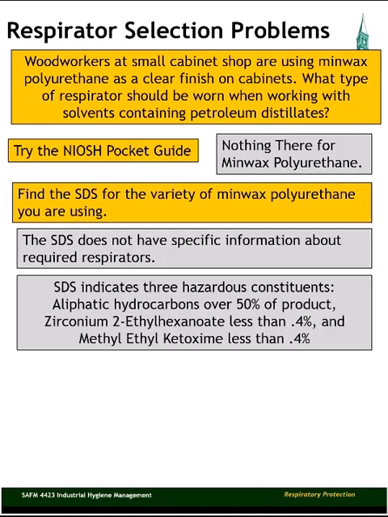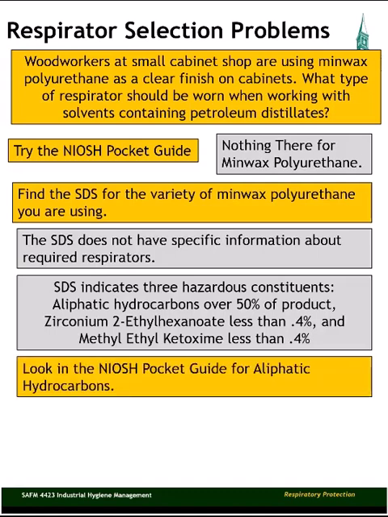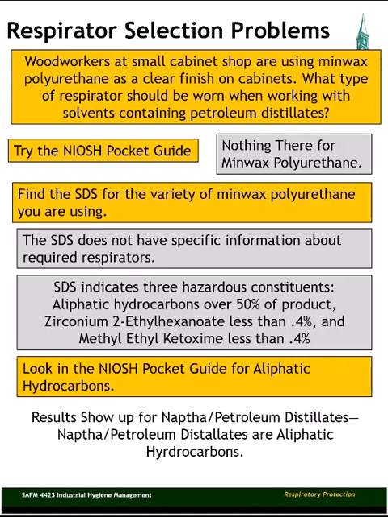So now we can go back to the pocket guide. First, let's look for aliphatic hydrocarbons. Let me change my pen back because the highlighter doesn't show up on the orange background. So when we do a search for aliphatic hydrocarbons, we get results for naphtha and petroleum distillates.